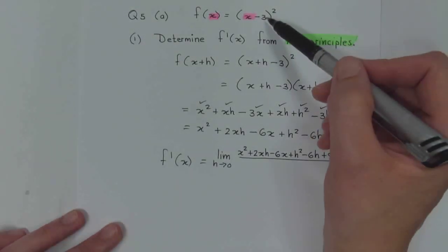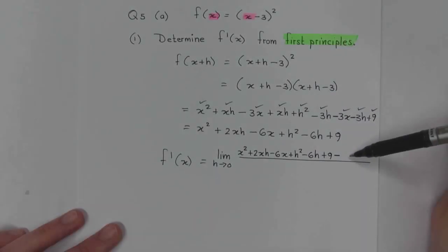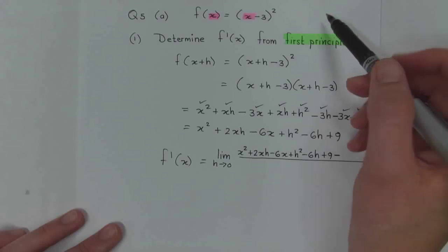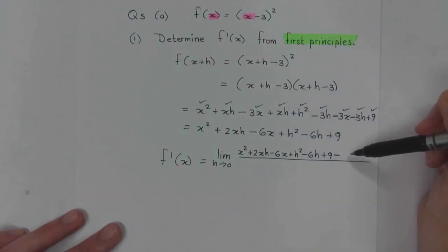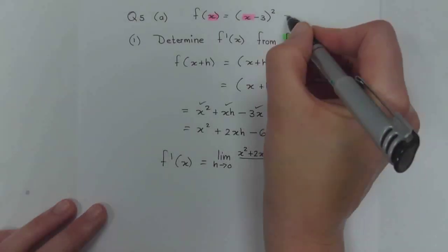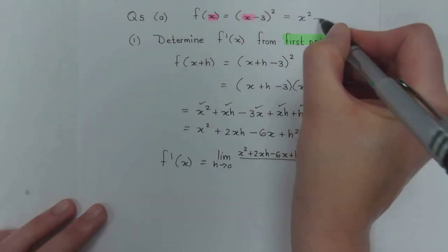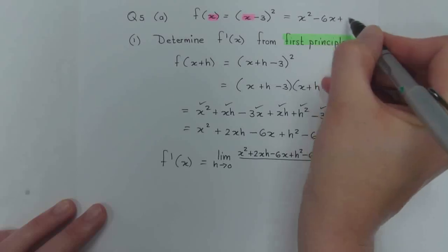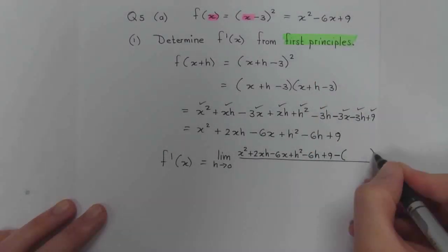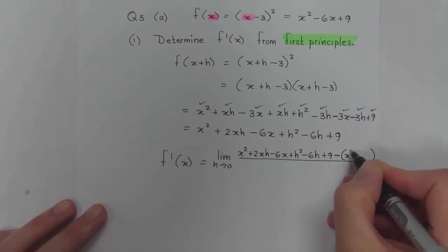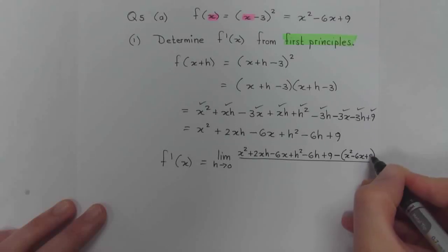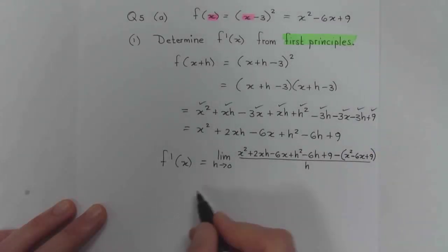Now, this one, before I substitute it into that one, it might actually be easier to expand this as well, so that I don't have to expand it first in this formula. So you could go and just quickly over here say this is x squared minus 6x plus 9, just so it's easier to substitute into the formula. Again, please remember that bracket, people, otherwise you're going to have a problem in the next step. So there we go, over h.